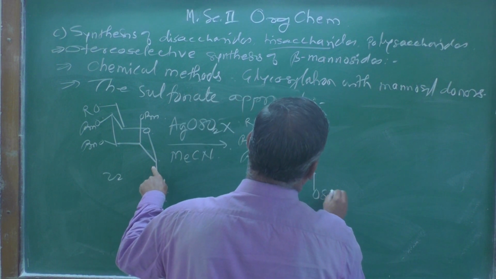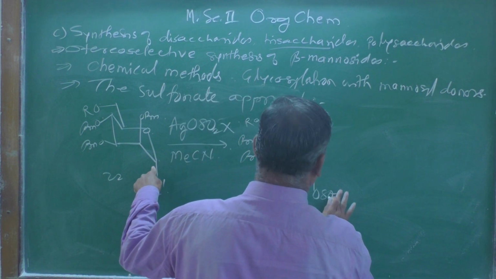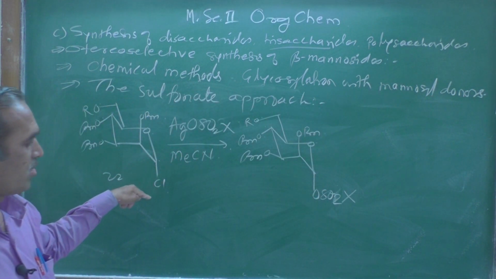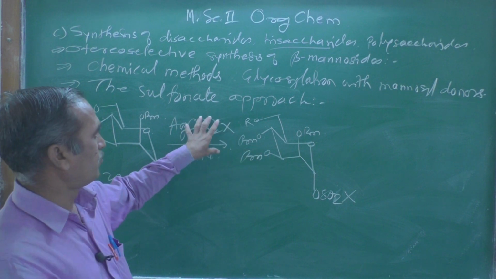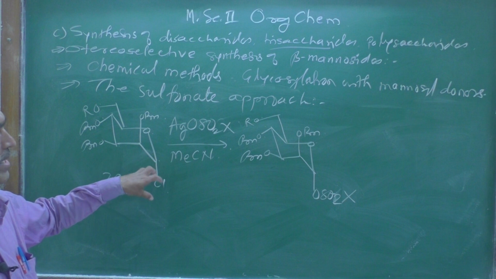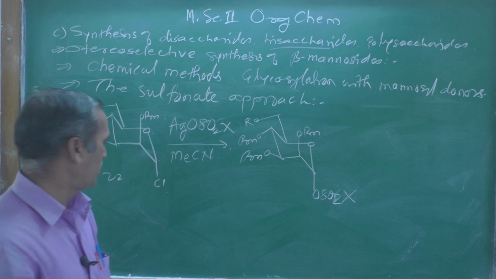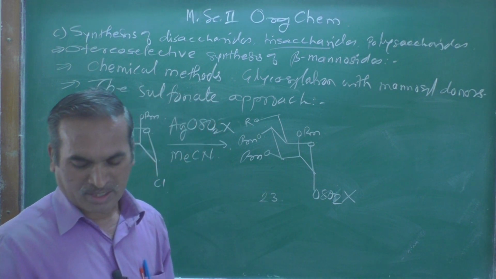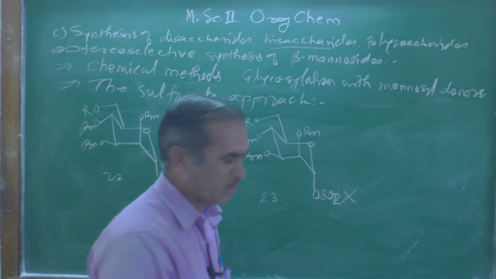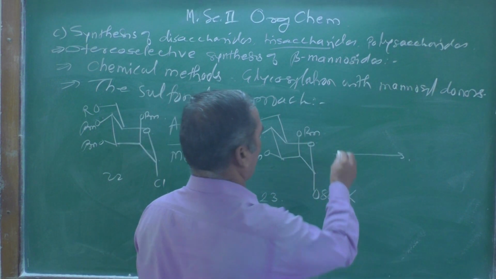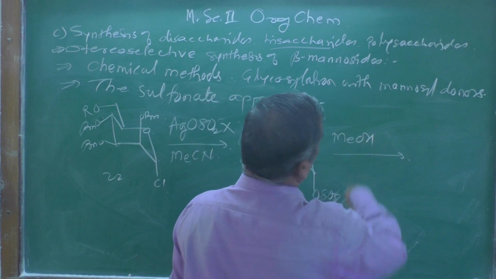It is SO2X. This is the group. Instead of Cl, the group is replaced by OSO2X, and this is structure number 23, and that structure number 23 is further treated with a reagent like methanol, MeOH.